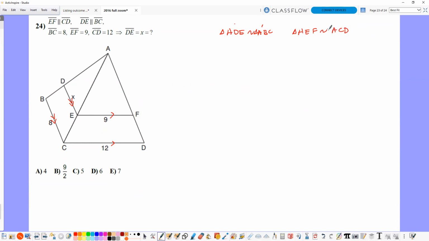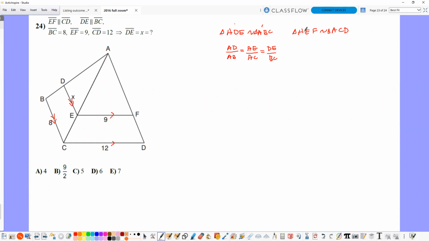If you remember the similarity ratios, I can write the similarity ratios here. First, AD divided by AB is equal to AE divided by AC, equal to DE divided by BC. This is the similarity ratio from the first triangle.